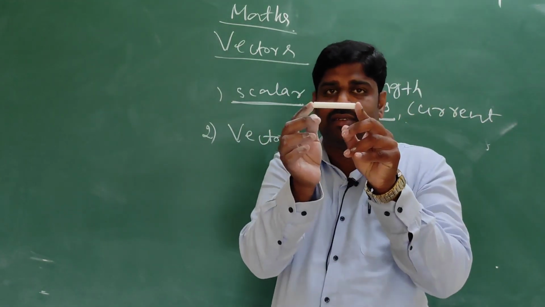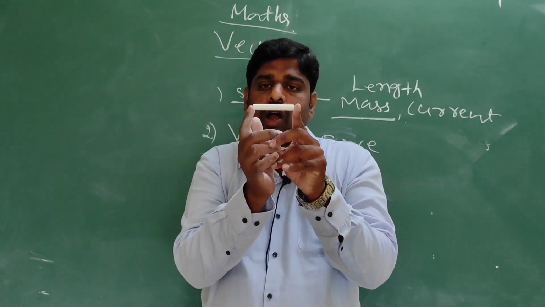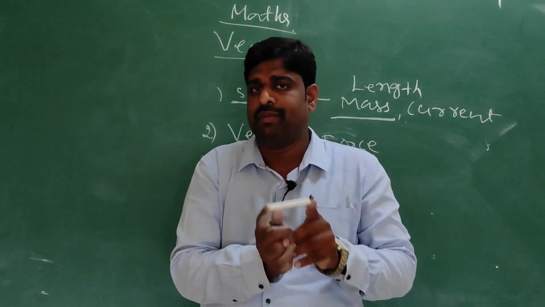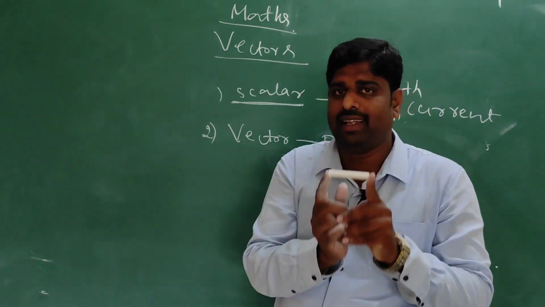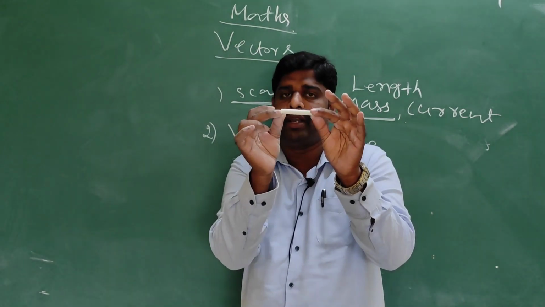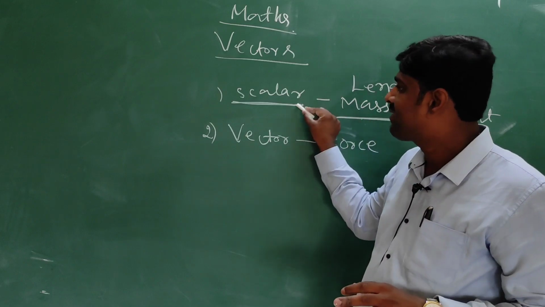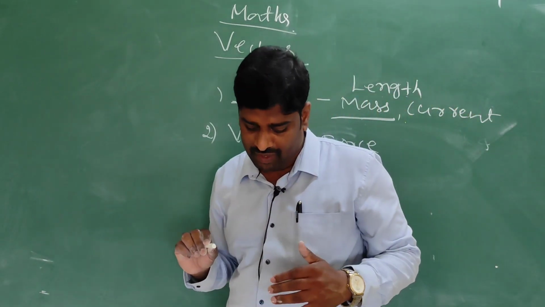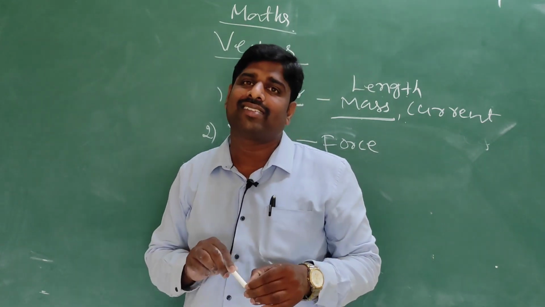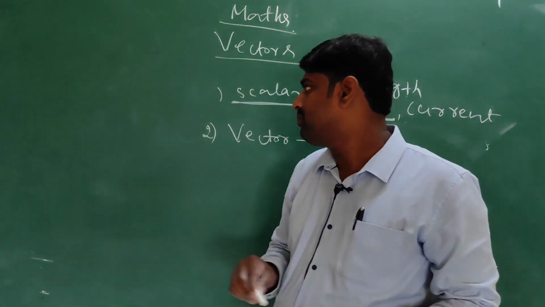See, all of you look at this chart piece. It is 0.5 centimeter, or 1 centimeter. It has only magnitude, but it doesn't have direction. That's why length is a scalar. Current is a fundamental quantity, and all fundamental quantities are scalars. Sir, how is electric current a scalar?